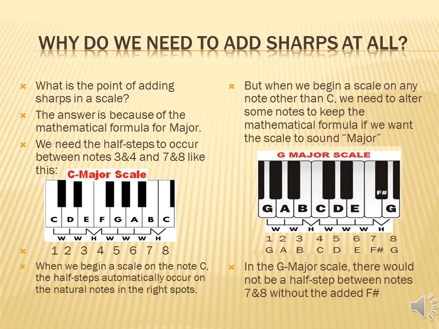When we begin a scale on the note C, the half steps automatically occur on the natural notes in the right spots. But when we begin a scale on any note other than C, we need to alter some notes to keep the mathematical formula if we want the scale to sound major, as in G major.